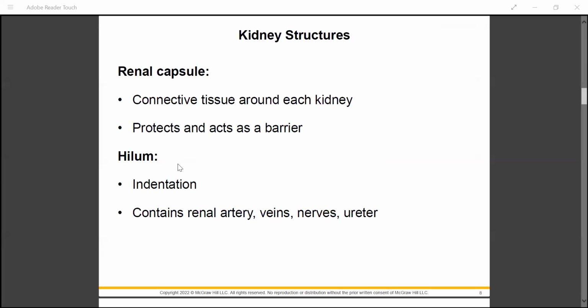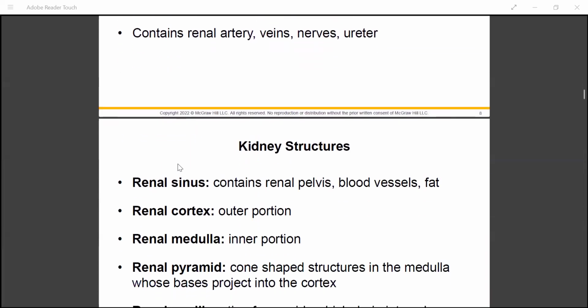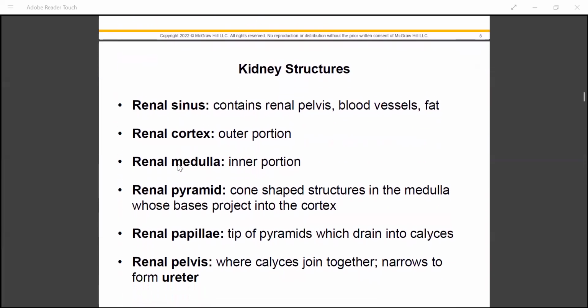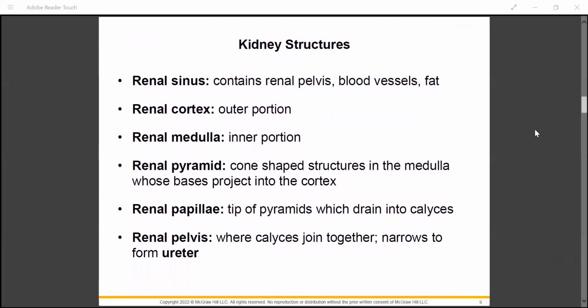The hilum is where the renal artery, renal veins, the nerves, and the ureter are going to enter. A couple other kidney structures that you should be aware of and know the definition for is the renal sinus, which is where the renal pelvis and some of the blood vessels are. And we'll look at a diagram of this and go over this with the visual as well.